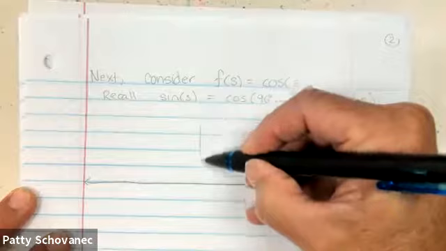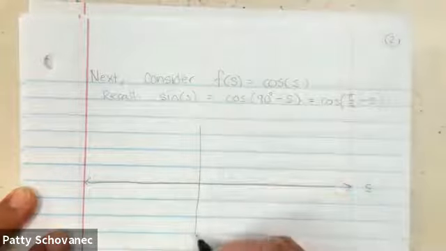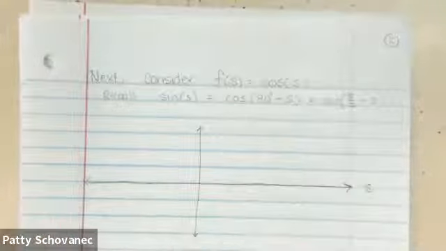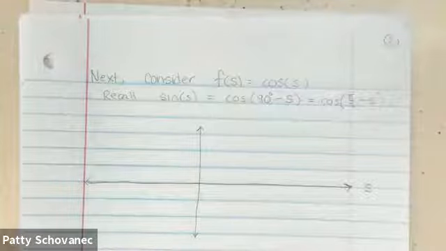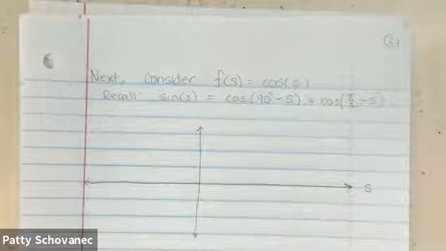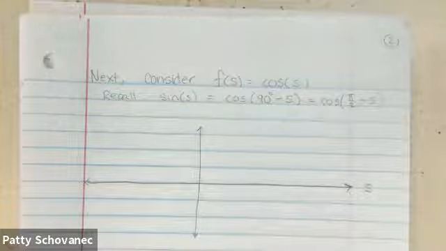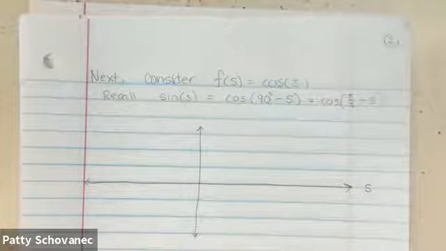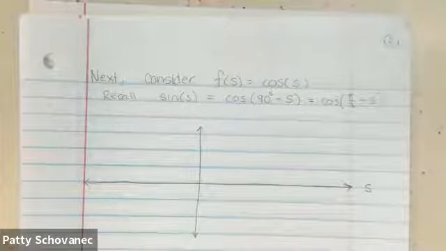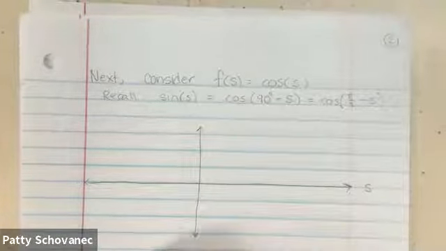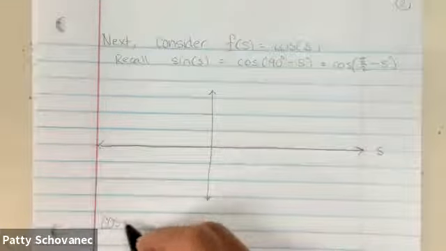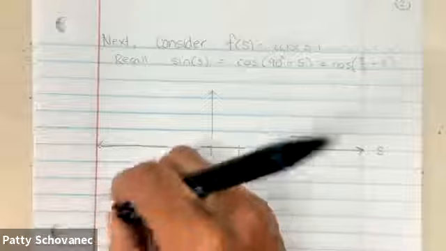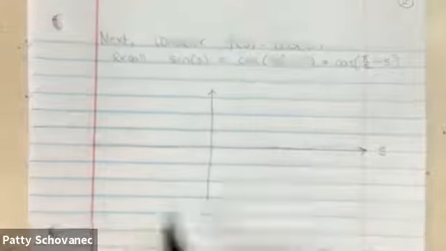and then my f of S axis, again, cosine on the unit circle is governed by the x coordinates of the ordered pairs on the unit circle. And there is no x coordinate larger than 1 or smaller than -1. So that means the cosine has that same range, that the cosine of any number S is bounded by 1 and -1.